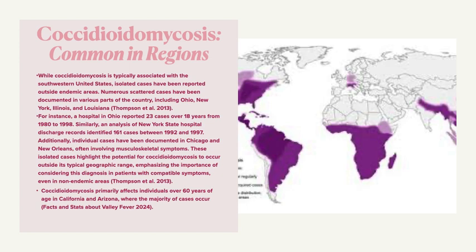Additionally, individual cases have been documented in Chicago and New Orleans, often involving musculoskeletal symptoms. These isolated cases have highlighted the potential for coccidioidomycosis to occur outside its typical geographic range, emphasizing the importance of considering this diagnosis in patients with compatible symptoms even in non-endemic areas.